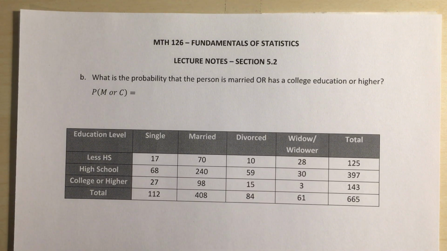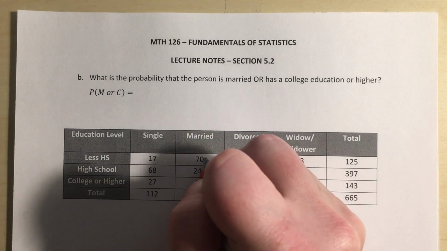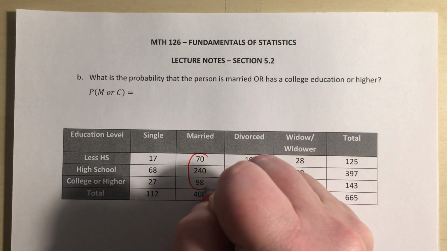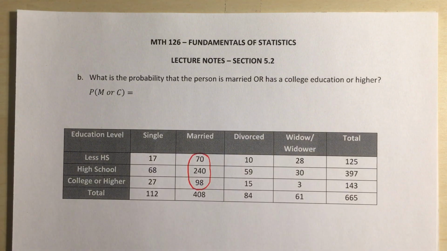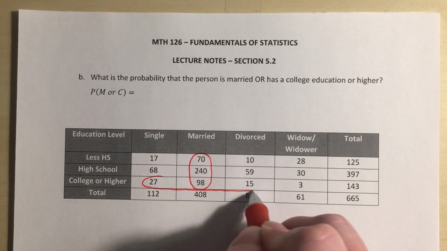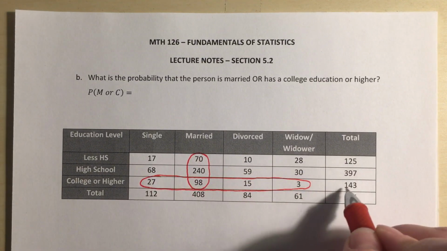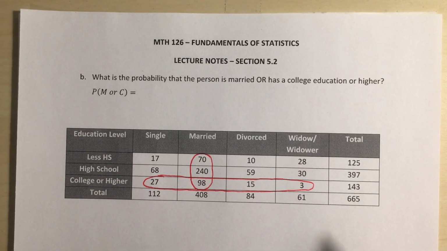So instead of circling the numbers at the bottom, I'm just going to circle my rows and columns accordingly. The people that are married, those groups all add up to 408. The people that have a college education or higher, all of those 4 groups add up to our total of 143.